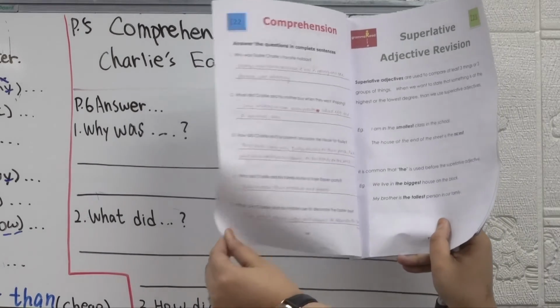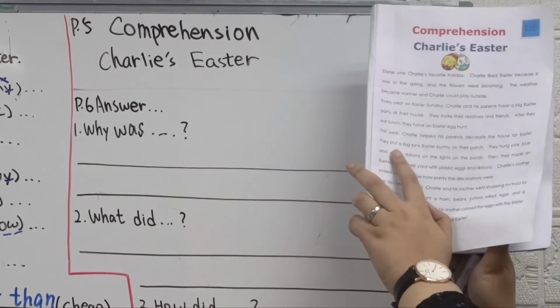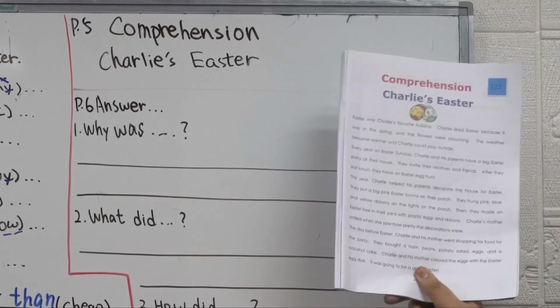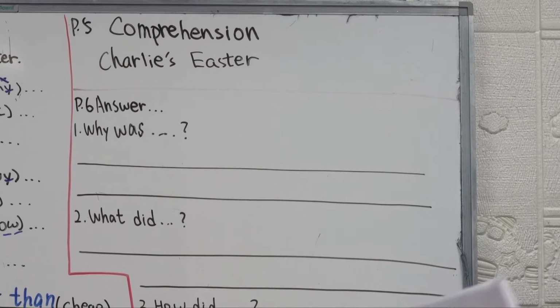The comprehension questions. So before we start, remember you have to read these paragraphs. So let's start. Let's read the name of this. Let's say it's a story, okay? Name of this comprehension: Charlie's Easter. Okay, let's read.